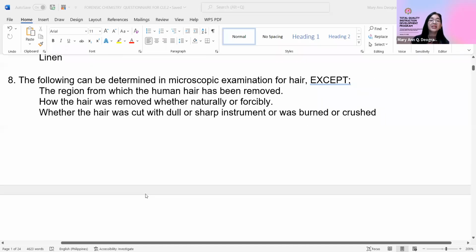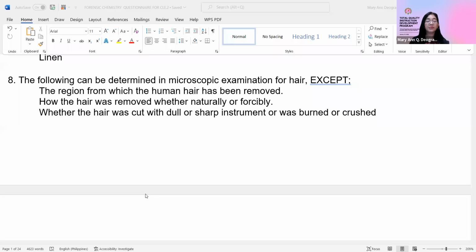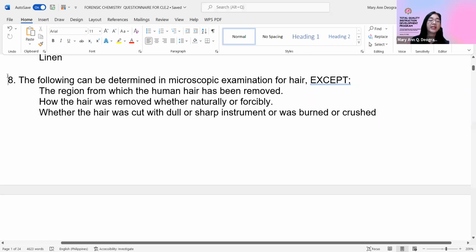Ulit, lahat yan except for one. Alin dito yung hindi natin nakikita under the microscope?